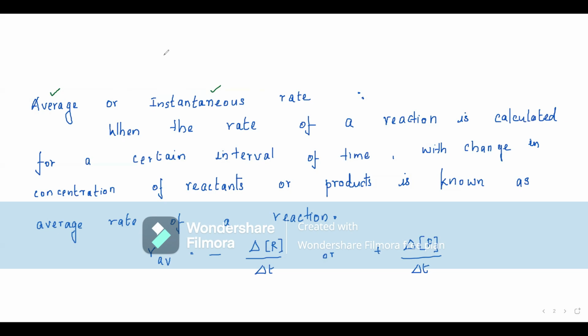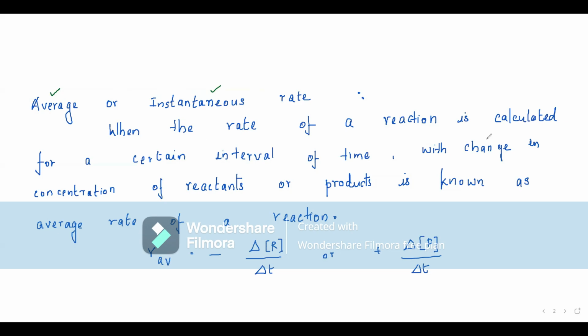So you're keeping a little larger time interval. Then, in such cases, the rate which is written is called average rate of the reaction. Okay, average rate of reaction.